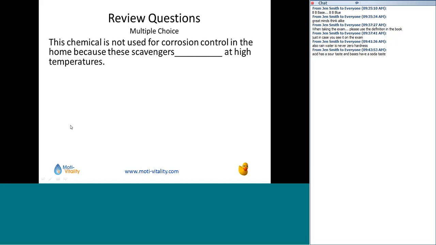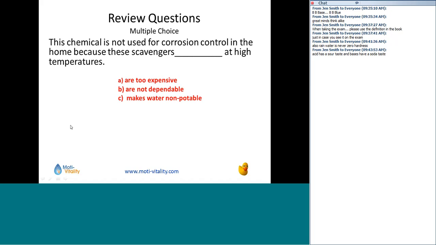This chemical is not used for corrosion control in the home because these scavengers blank at high temperatures, are too expensive. So the oxygen scavengers, the chemical is not usually used in corrosion control in the home because the scavengers, why aren't these used in the home?